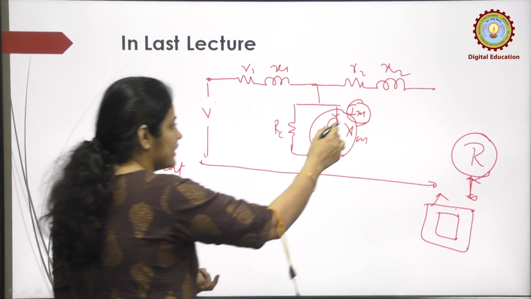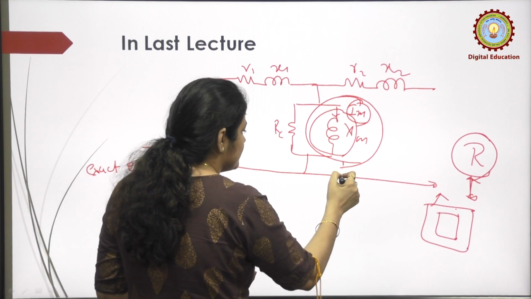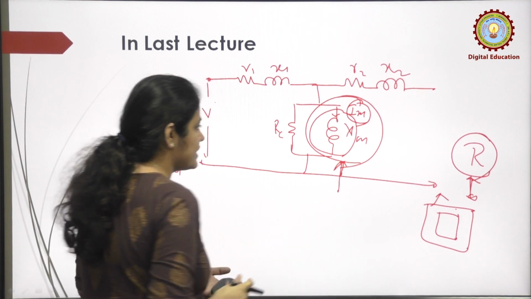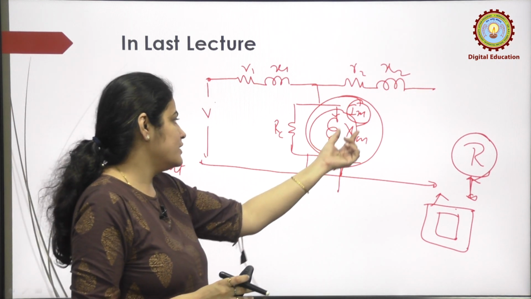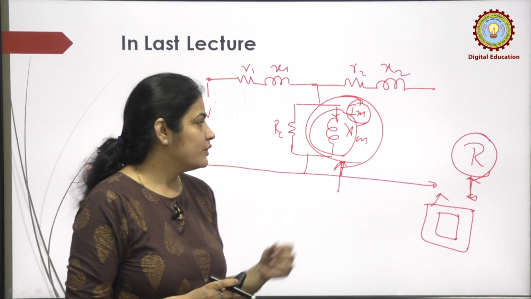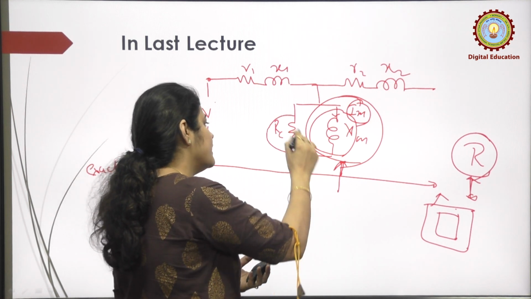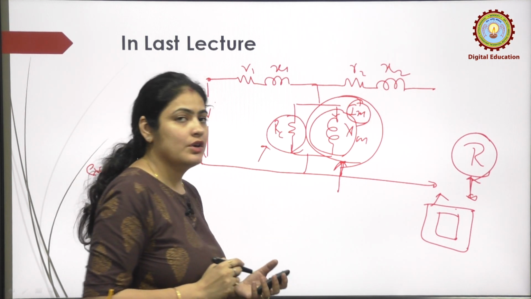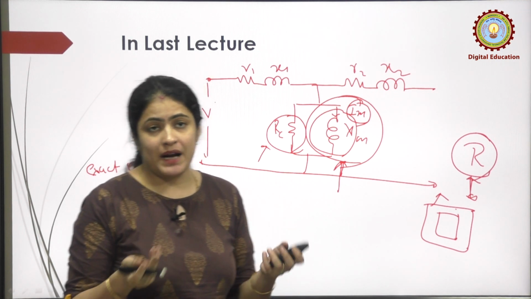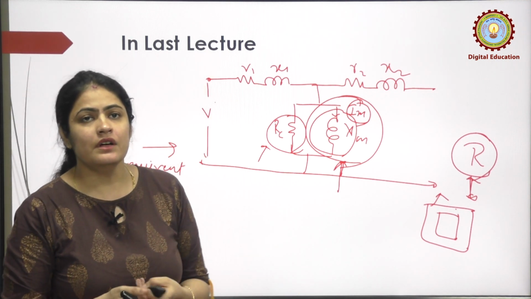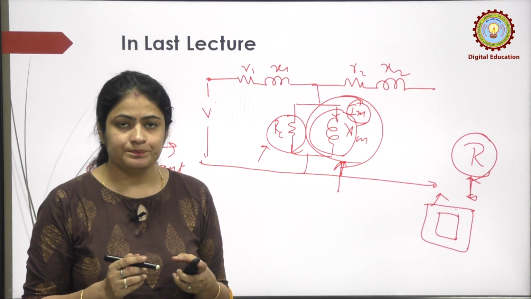This reactance is present due to the magnetizing current. And this is the core loss component, which is also there in a practical transformer because of the core loss present in the transformer core.